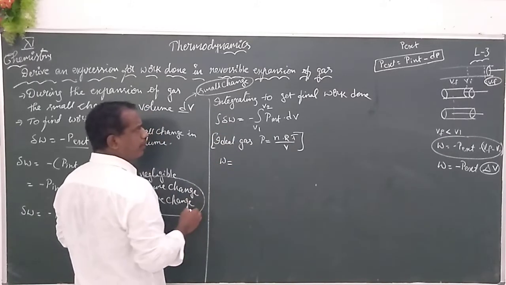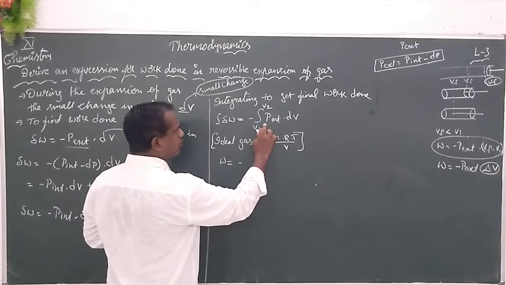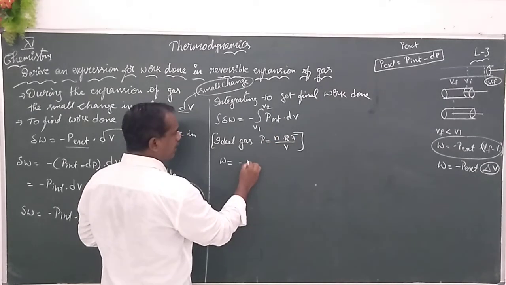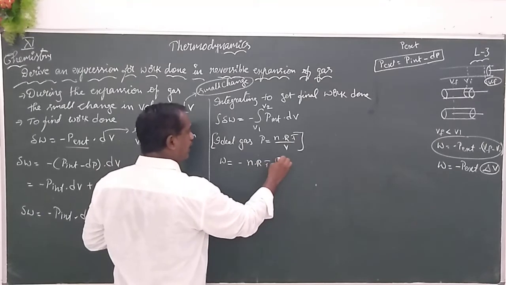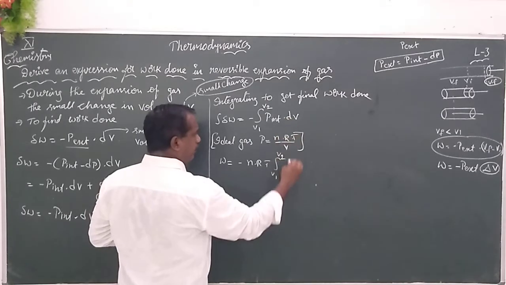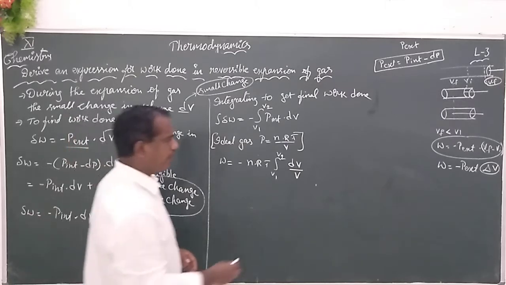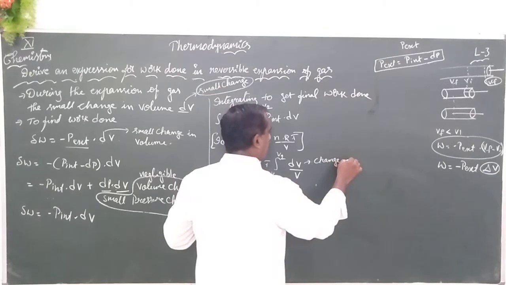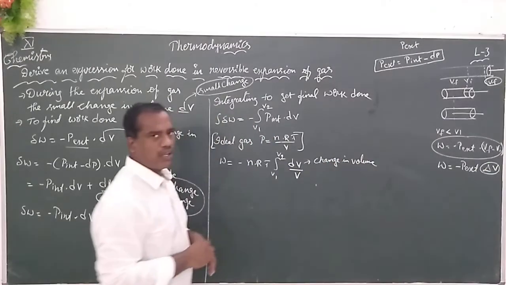So W is equal to minus, in the place of P internal, I am adding nRT, integrating from V1 to V2 of dV upon V. This is the small change in volume, V2 is the final volume, and this is the initial volume.